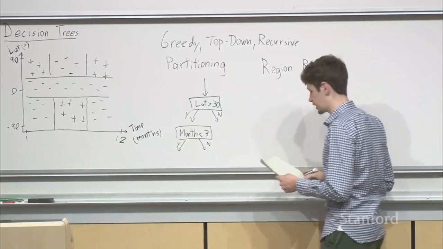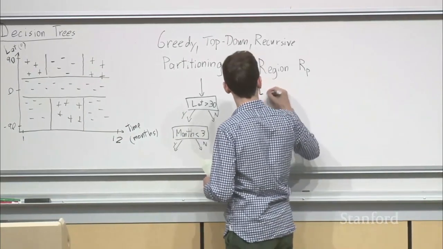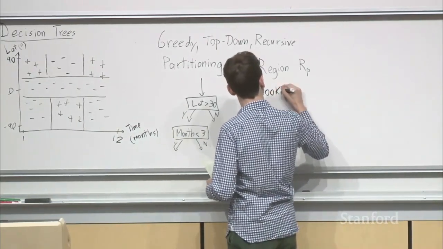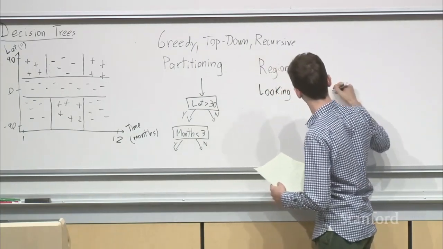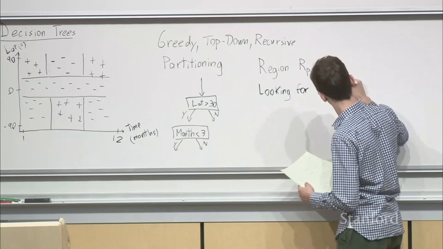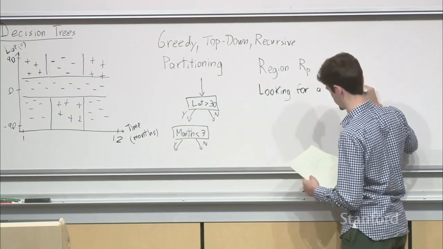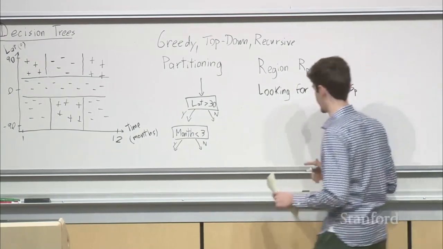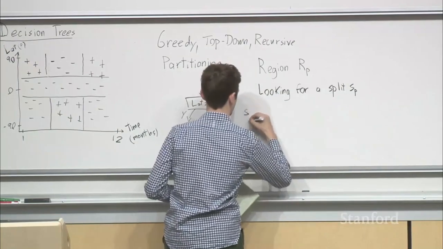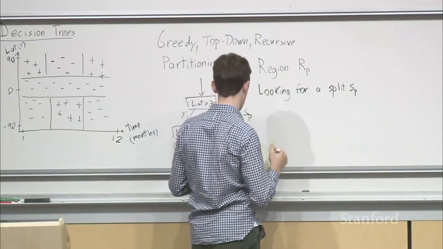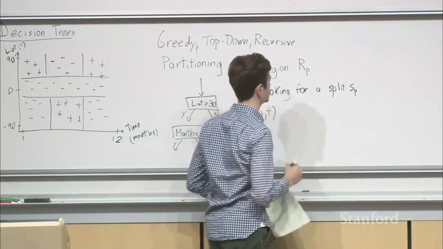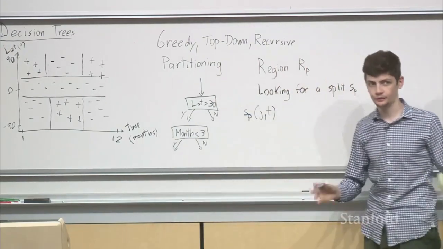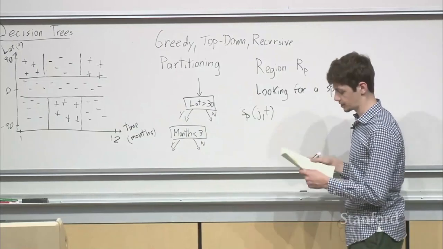Okay, and we're looking for a split SP. You can write out this SP function as a function of j comma t. Okay, j is which feature number, and t is the threshold you're using.